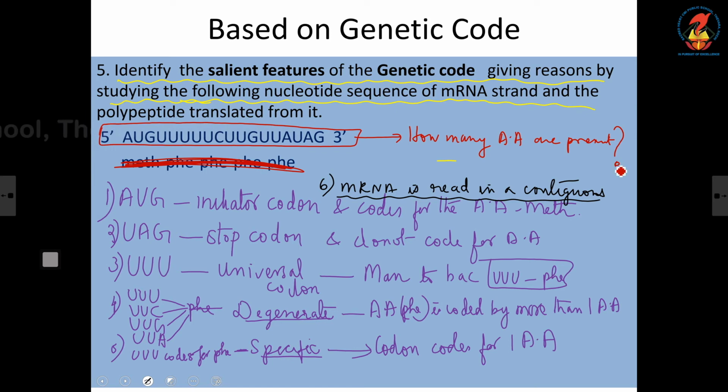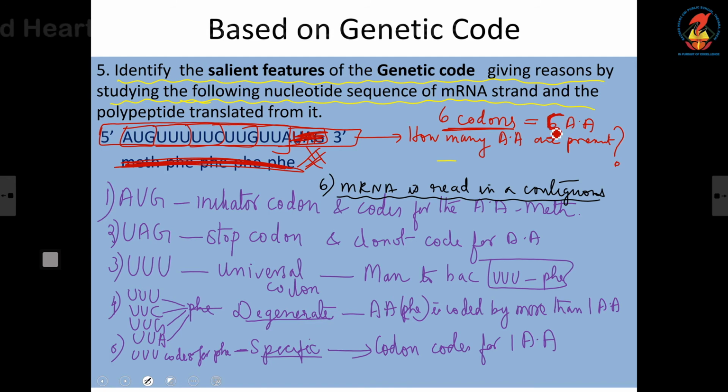So, you count the codons: 1, 2, 3, 4, 5, 6 codons. Does 6 codons correlate to 6 amino acids? No. In this case, the last codon, UAG, does not code for any amino acid. So, here though there are 6 codons, how many amino acids are found in the protein? Just 5 amino acids, that you should remember.